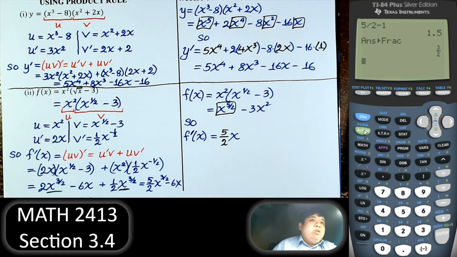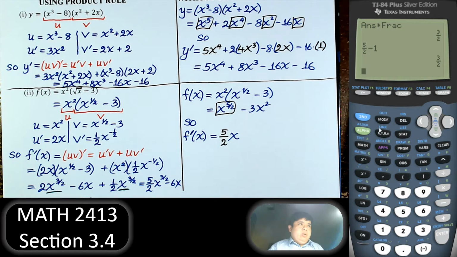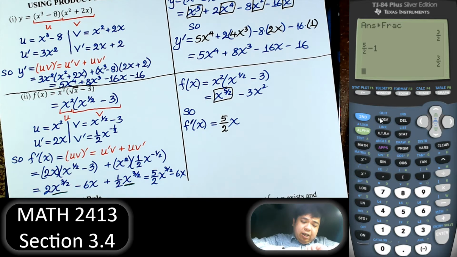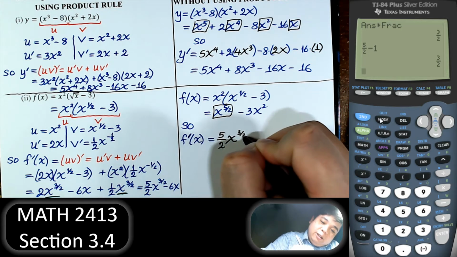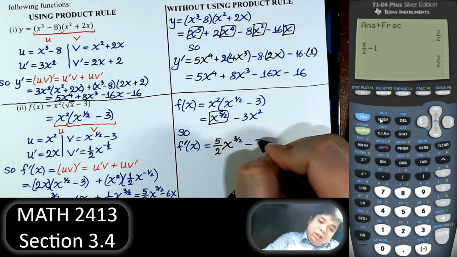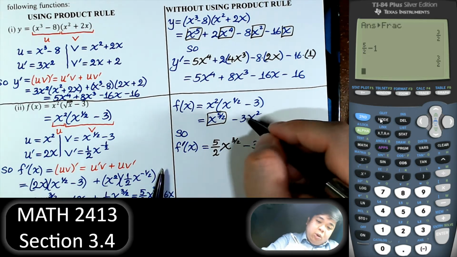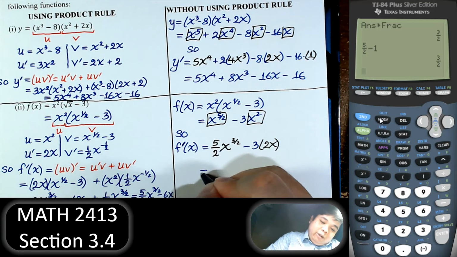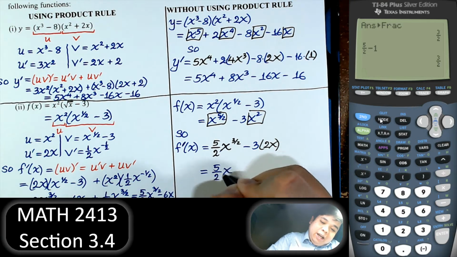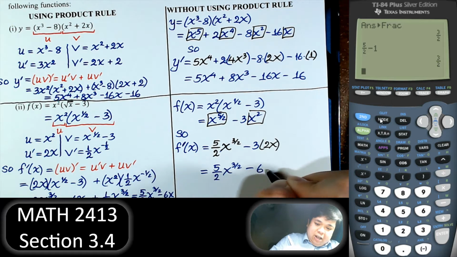Or you can just use the fraction function. Either way, it works. So the original power minus 1 is 3/2, and then minus 3 times the derivative of x squared, which is just 2x. So we have 5/2 x to the 3/2 minus 6x.